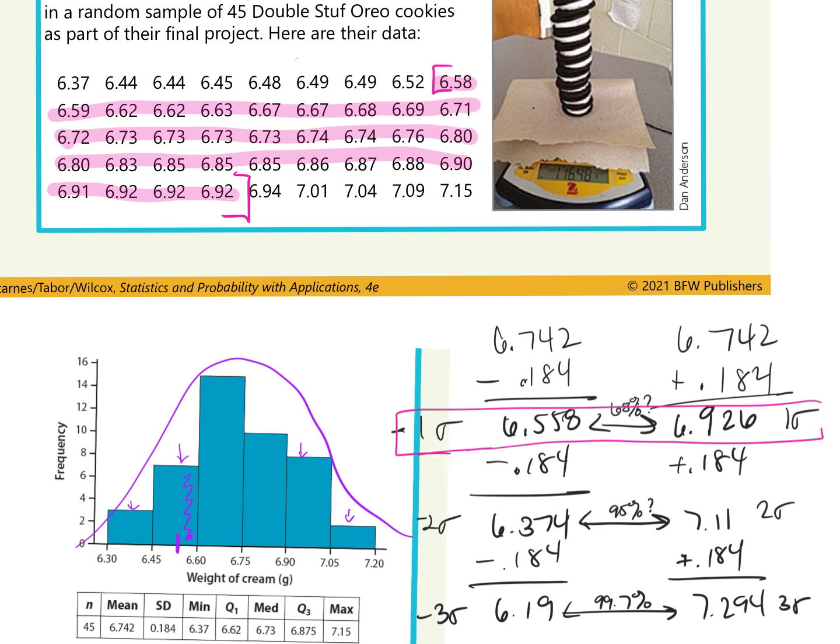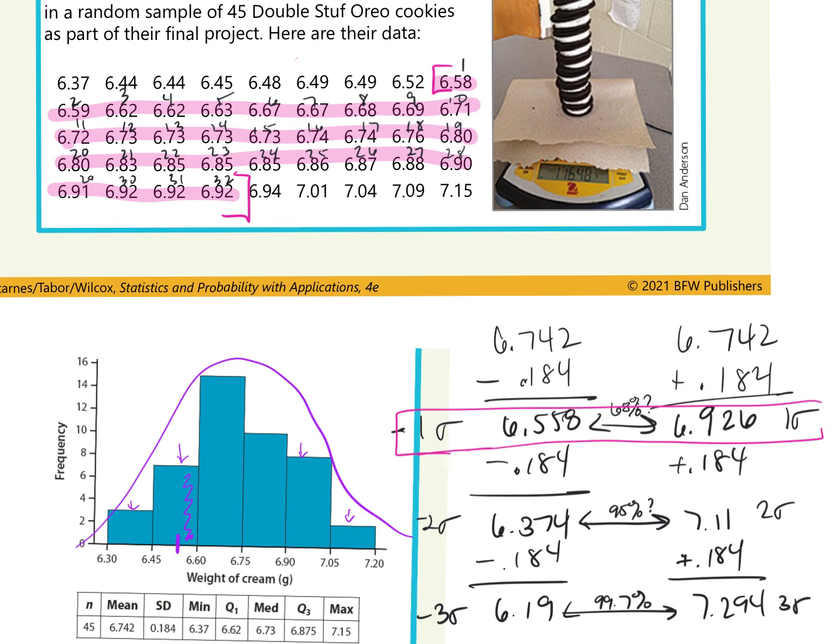Let's count how many of those there are. 1, 2, 3, 4, 5, 6, 7, 8, 9, 10, 11, 12, 13, 14, 15, 16, 17, 18, 19, 20, 21, 22, 23, 24, 25, 26, 27, 28, 29, 30, 31, and 32.